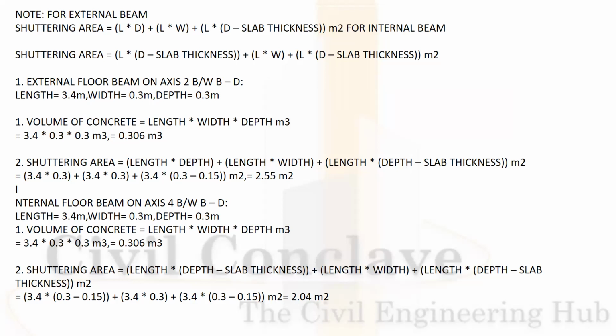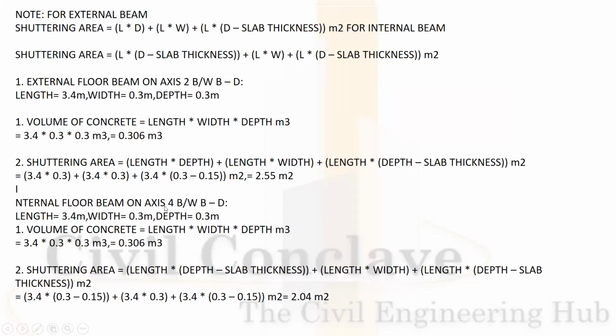Length is equal to 3.4 meter, width is equal to 3 meter, depth is equal to 0.3 meter. So volume of the concreting will be 3.4 into 0.3 into 0.3 will make you 0.306 cubic meter. Shuttering area, okay, that will come around 2.55 square meter.